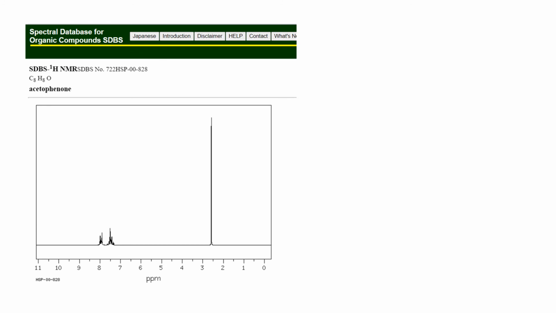So here is the acetophenone starting material. Let's draw the structure. It's a ketone. So that's acetophenone. We can go A, B, C, and D. And you can make your table. So A would be, it's a methyl next to a carbonyl, and I think that on the table is somewhere around 2 to 2.3 ppm.